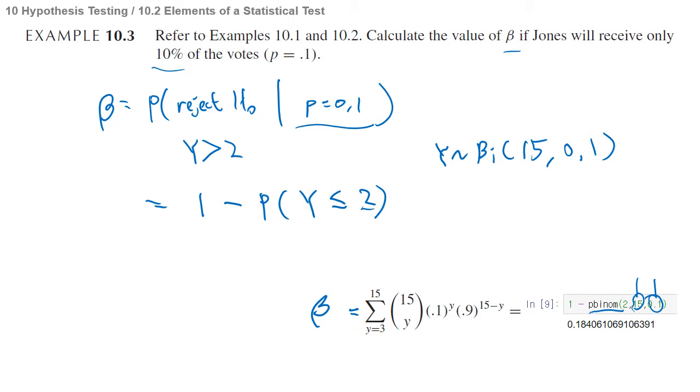So if the truth is about 0.1, then we can conclude that this time we can have lower beta, lower type 2 error rate. So if we have a large distance between P0, which is 0.5, and the alternative p, then we can have larger power and a small type 2 error rate.